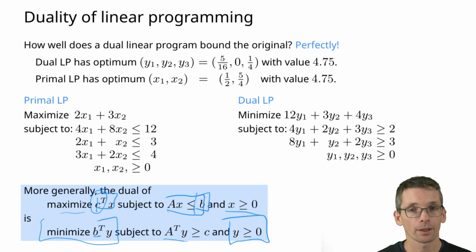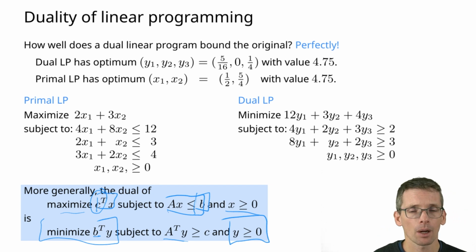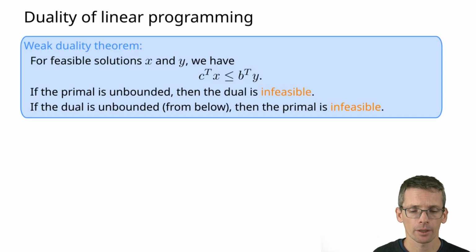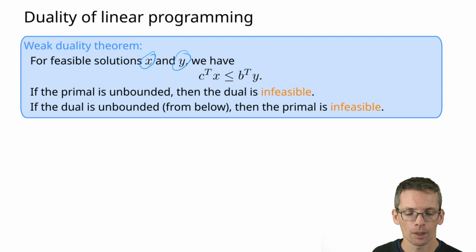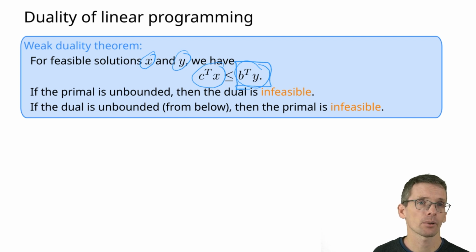We motivated duality by the goal of getting an upper bound, and this is what the weak duality theorem also states. So if we have feasible solutions for the primal linear program and for the dual linear program, and then look at their objective functions, so for the primal linear program that was c transposed x, for the dual one it was b transposed y, then this b transposed y gives us an upper bound on c transposed x.